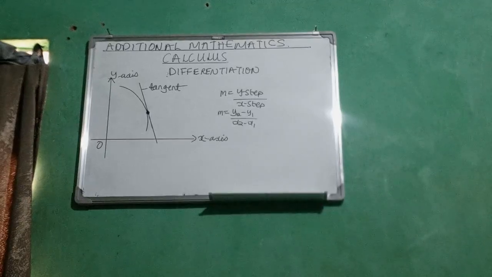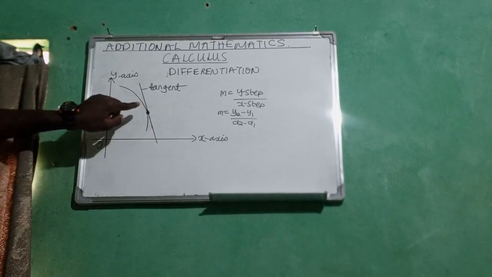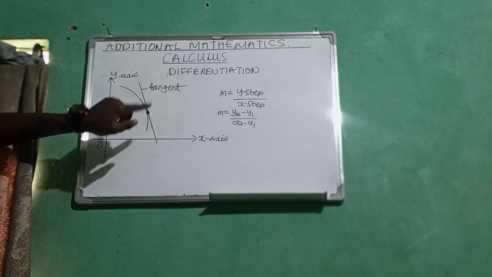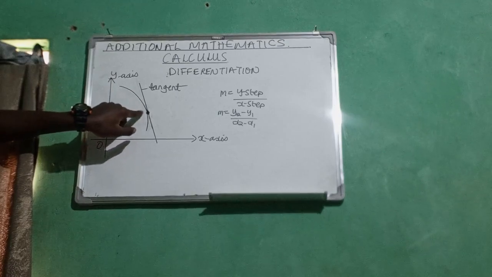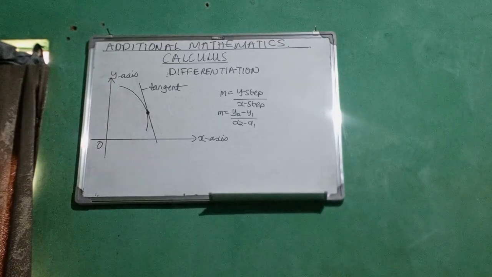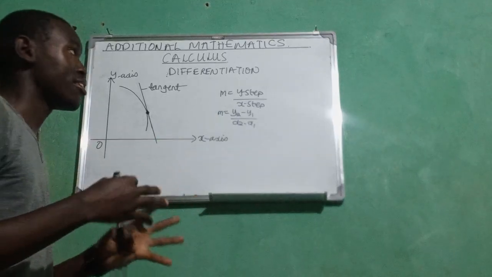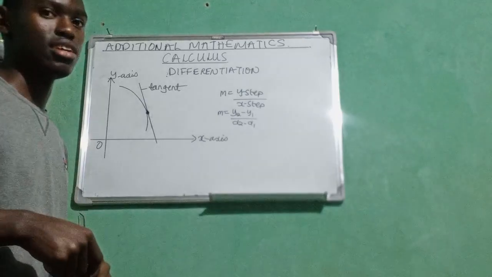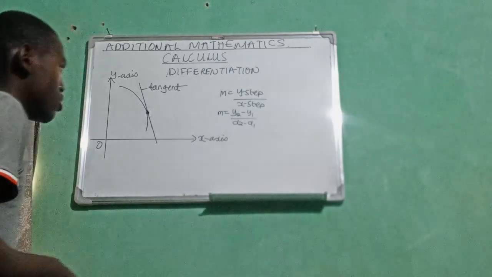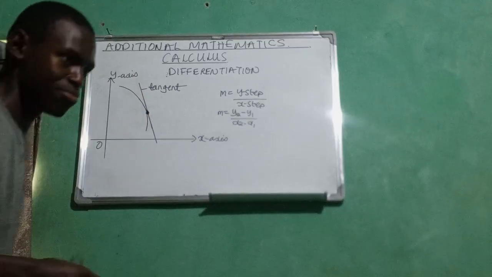So if you find the gradient using this formula of this line, because this line is only touching the curve at that point only, it means you have found the gradient of that point. And that is the basis behind differentiation. You find the gradient. Okay. So it means you find the gradient of that point.